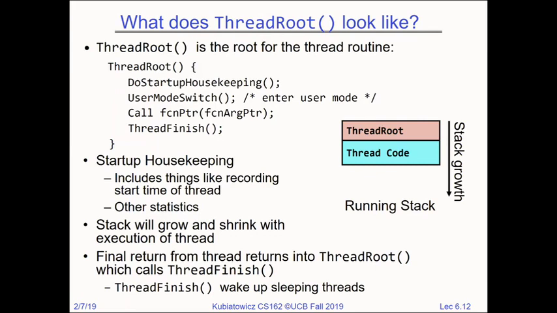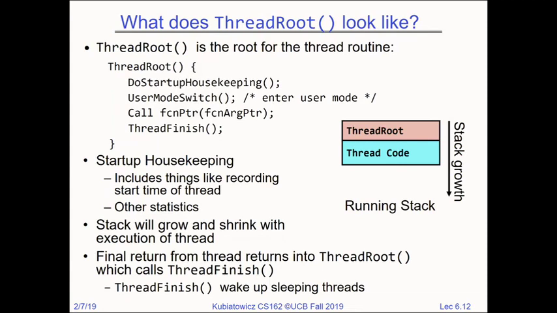Question? Yes? Say that again? Well, when you call thread finish, depending on your thread package, it's going to put the TCB in a zombie state in case it's joining with somebody. Okay? Or if you're doing thread finish, it may be that there's a different thread that's busy waiting for it, and it'll wake that thread up before it exits.